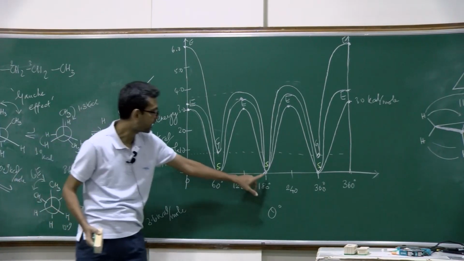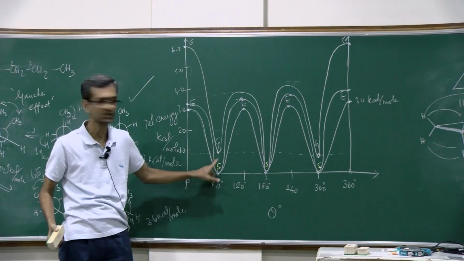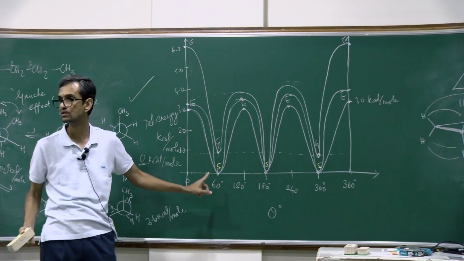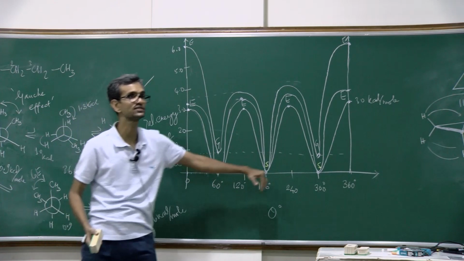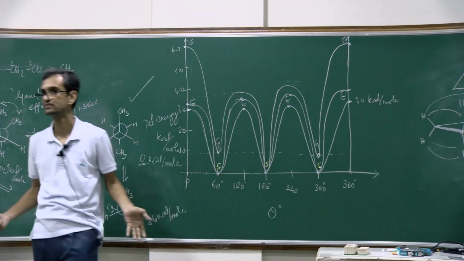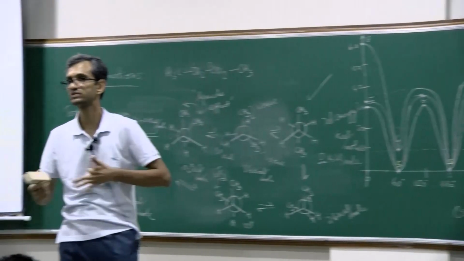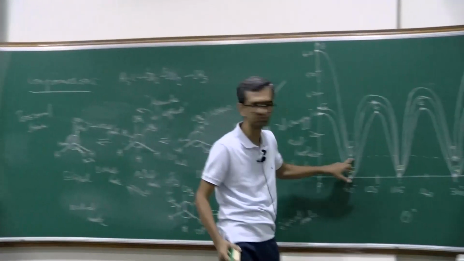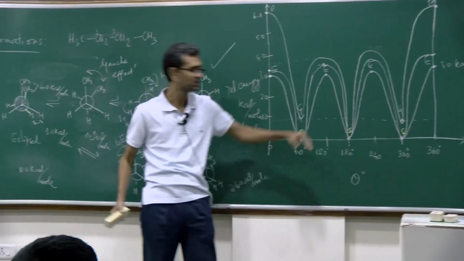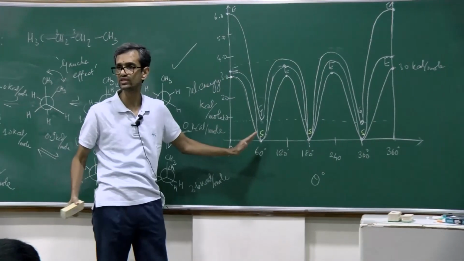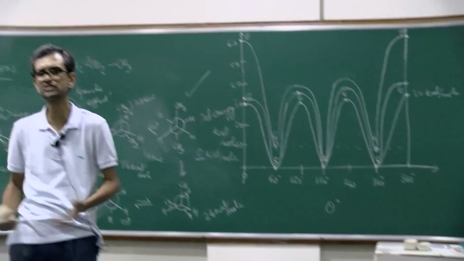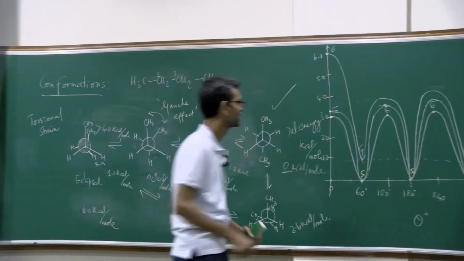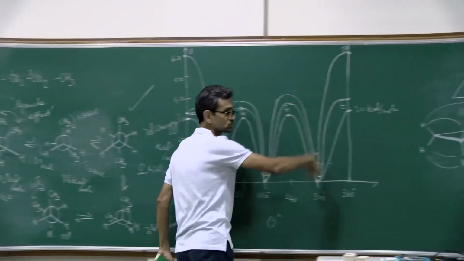So it can populate between this and this, crossing over a barrier of 3.3 or 3.6, minus 0.9. So from here, if it has to reach here, that much energy it would have to spend, which is okay at room temperature, right? So it would quickly convert between these two.